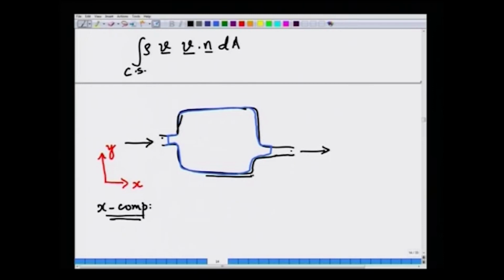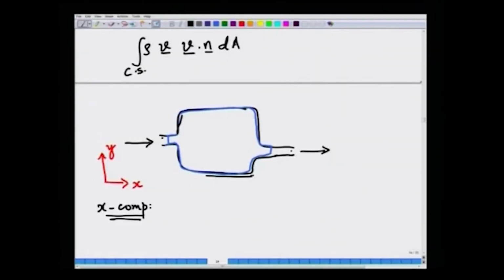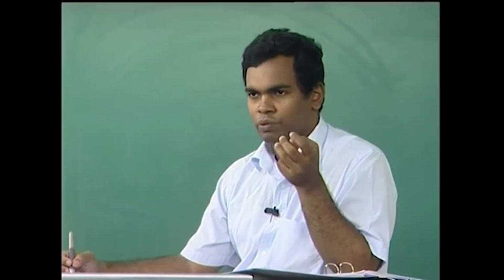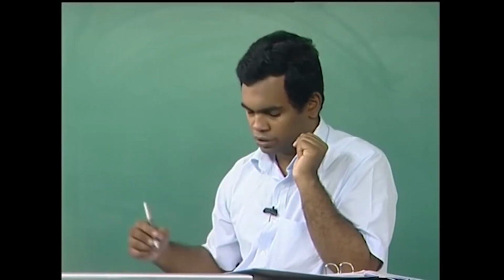Whenever you solve a physical problem, you have to solve it component wise. Now, if you want to write the x component, remember the velocity vector is written as u times i plus v times j plus w times k, where i, j, k are the unit vectors in the x, y and z direction, and u, v, w are the scalar components of the velocity vector in those three directions.